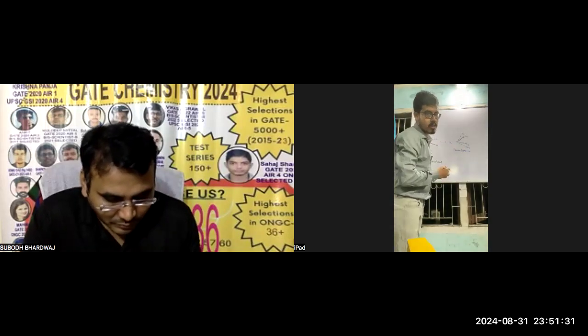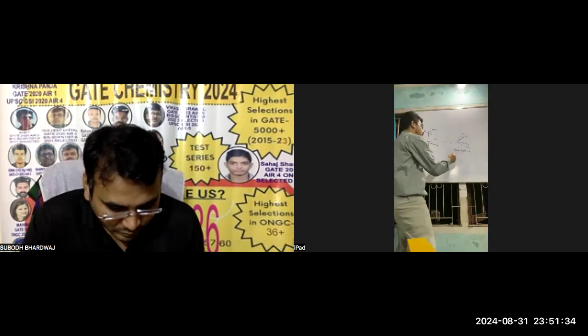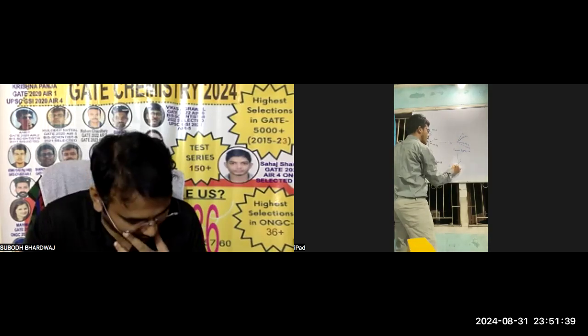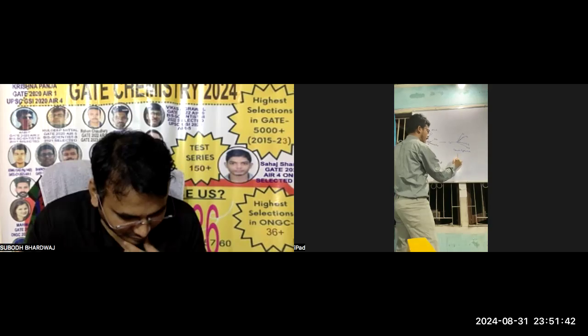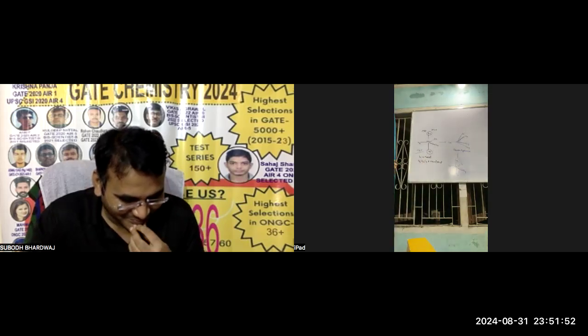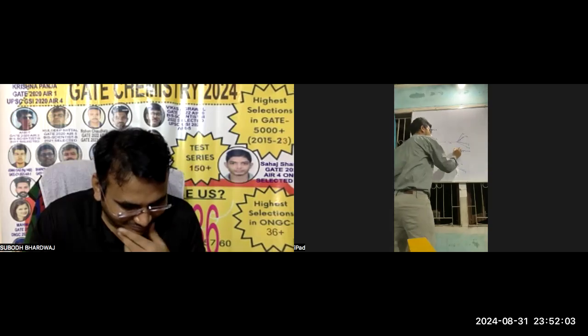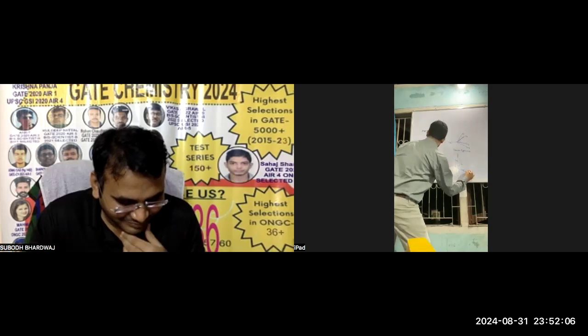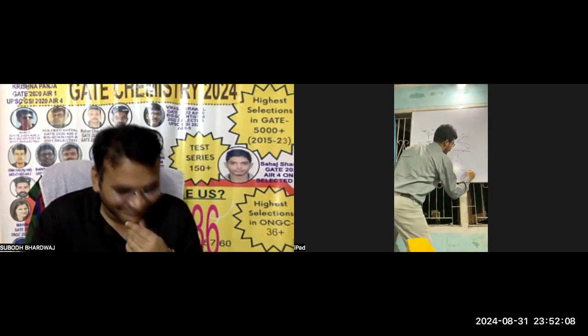Now this square pyramid again, due to vibration, can convert: L2 can go to the upside, L1 can come to the equatorial position, L3 can come to the axial position, L4 can come to the equatorial position. So the structure goes from trigonal bipyramidal through square pyramidal, then converts to trigonal bipyramid again. This process is called Berry pseudo rotation.